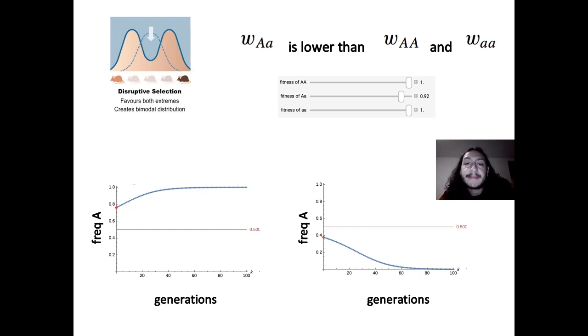Despite having the same fitness in the genotype, the initial allele frequencies are going to actually then decide the fate of either of these alleles for this gene.